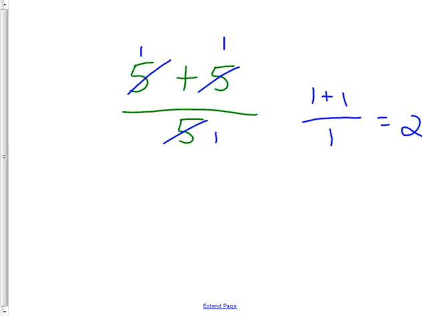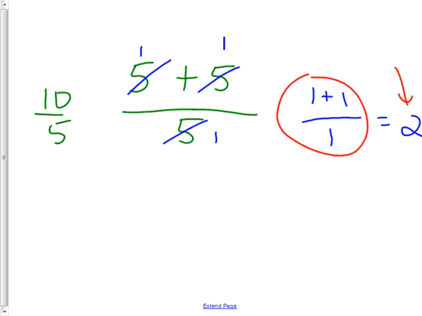And if I start with the green numbers, 5 plus 5 makes 10, 10 over 5 is 2. I'm just showing you that if you cancel things, you can't just think they disappear, or that everything turns into a 1 so the answer is 1. No. Everything turns into a 1, so then you got to do the problem, and the answer in this case will be 2. All right, so when you cancel, you're making things into 1s.